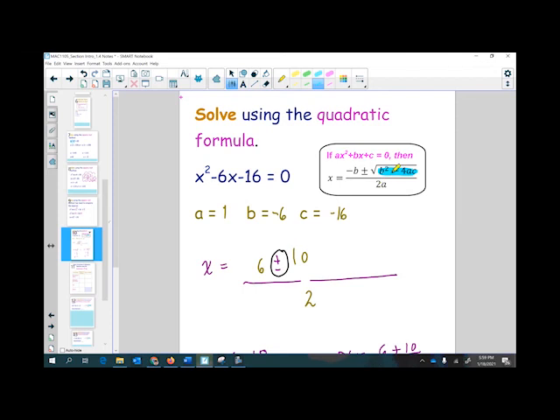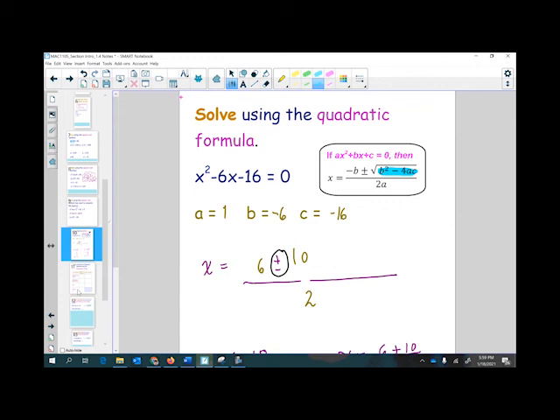If it's negative, when you simplify all this and get a negative result, well, you can't take the square root of a negative and you get an imaginary number. So then you have two non-real answers, which wouldn't show up if you were graphing. It wouldn't show up on the XY plane. So that's pretty cool that you can tell a lot about what to expect about the graph by just looking at this.